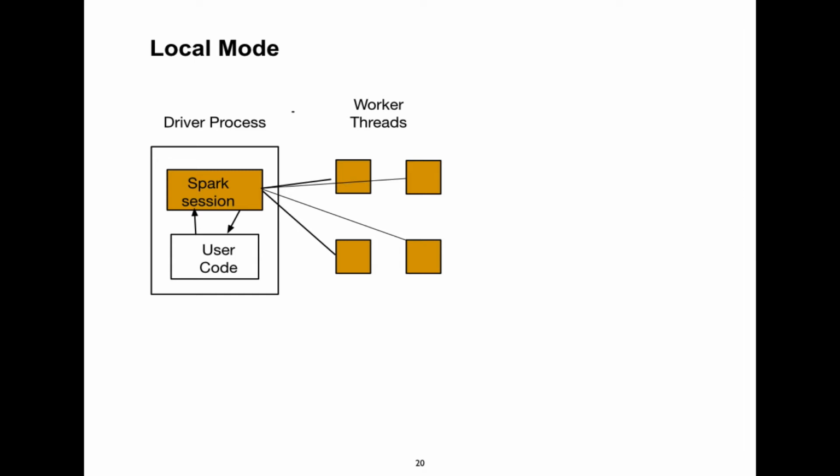And you still get the SparkSession, you get the user code, but now you're talking directly to separate threads on separate cores on your machine. And we want to use it to start up first because it's local, it's easier.